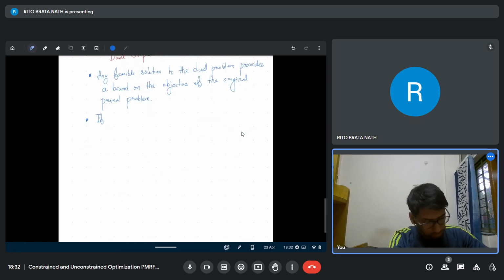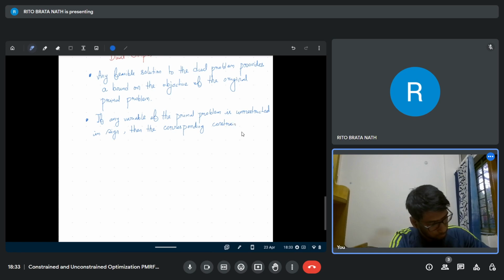If any variable of the primal problem is unrestricted in sign, then the corresponding constraint of the dual is an equality, right? Yeah.